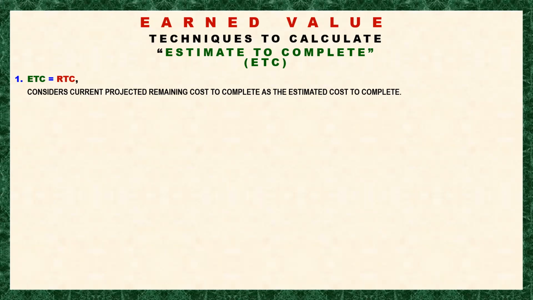So that is the purpose of this ETC or RTC. During our update, we can actually do the estimate of this remaining total cost here. Let me show you in Primavera P6.